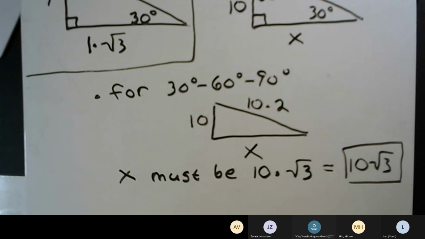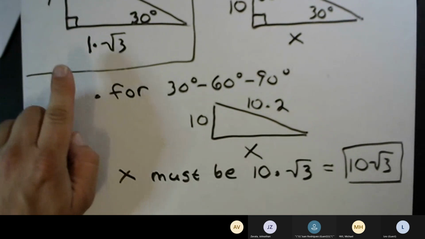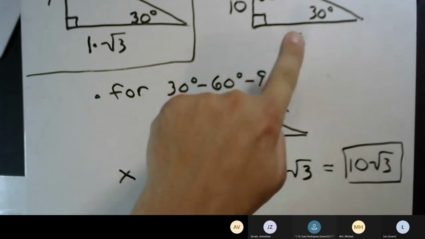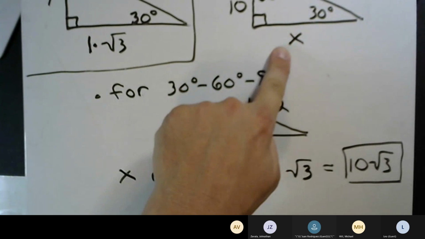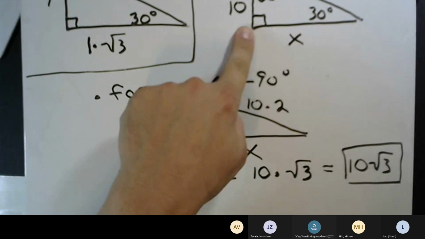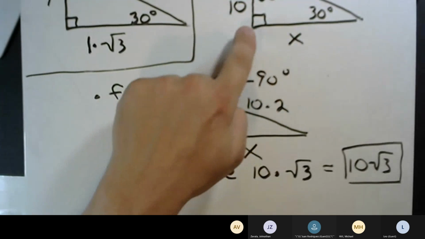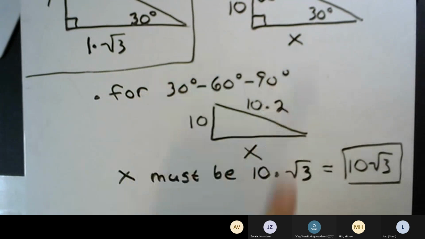Questions about that? And again, these are just shortcuts. If you're not sure, you can always solve for x using the Pythagorean theorem because this is a right triangle. If this is getting confusing, you can use the Pythagorean theorem to solve for x.